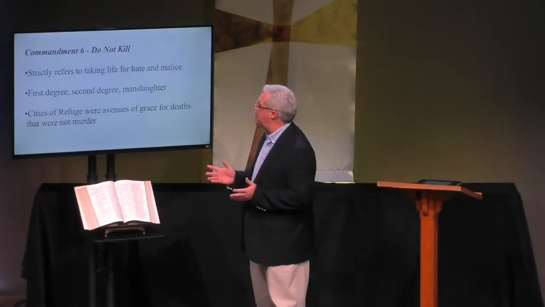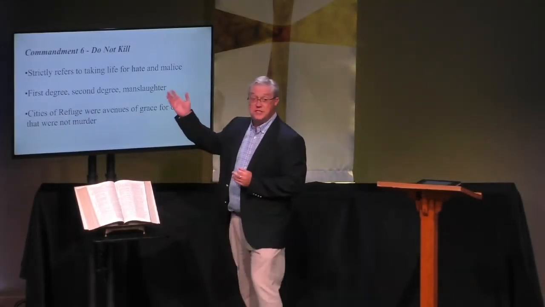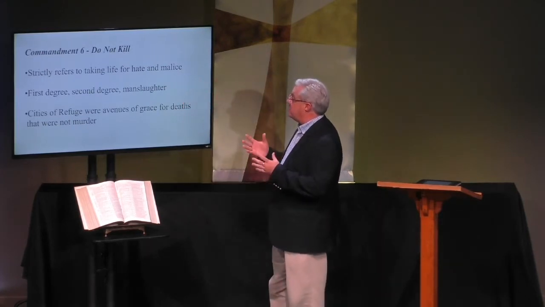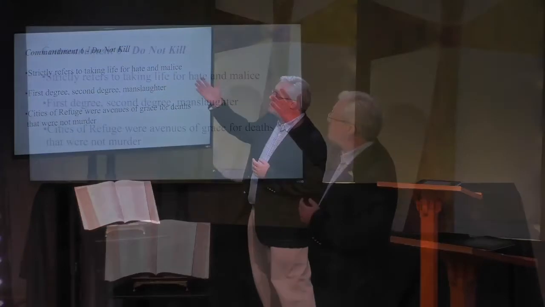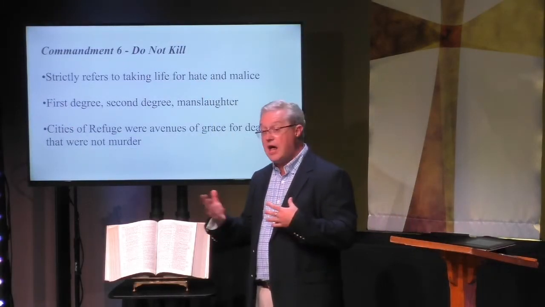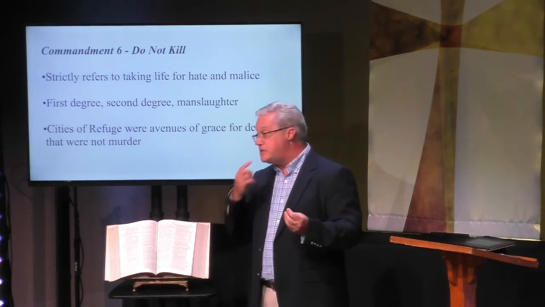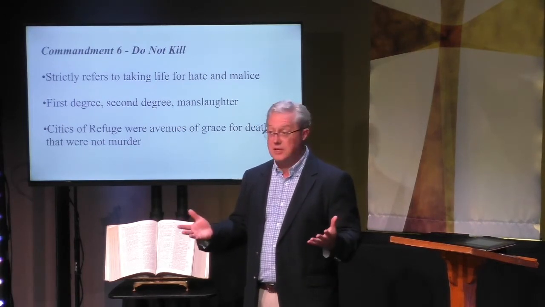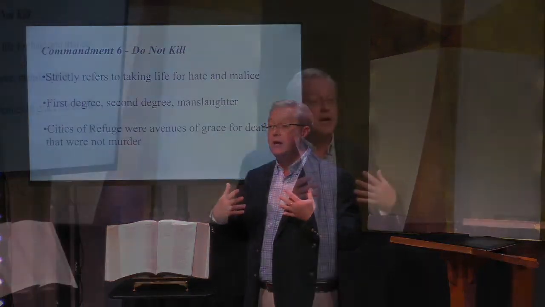So our sixth commandment is one that's always easy to memorize when you're in Bible school. Do not kill. Strictly speaking, it refers to taking a life with hate and malice. It's not really applied to wars. It's not applied as much to situations where there was an accidental killing. There were certain avenues that people could go down if that happened.